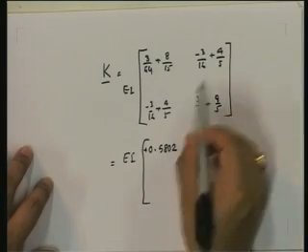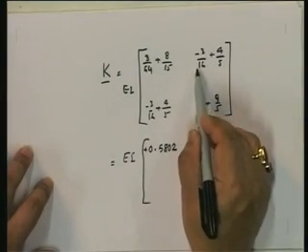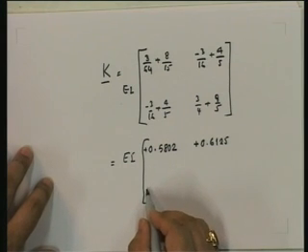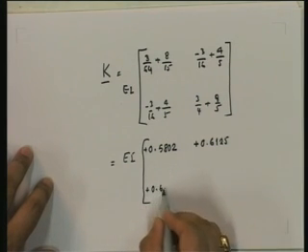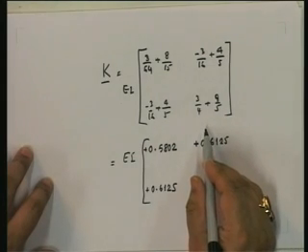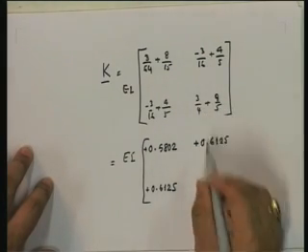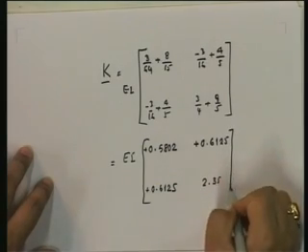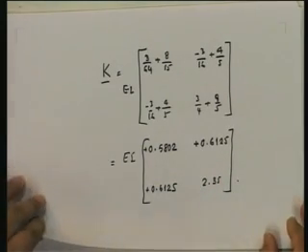This is also plus. This is 0.8 minus 3 by 16, so this becomes that way. And this is plus 0.6125. And this one becomes 1.6 plus 0.75, which is 2.35. That is your K.